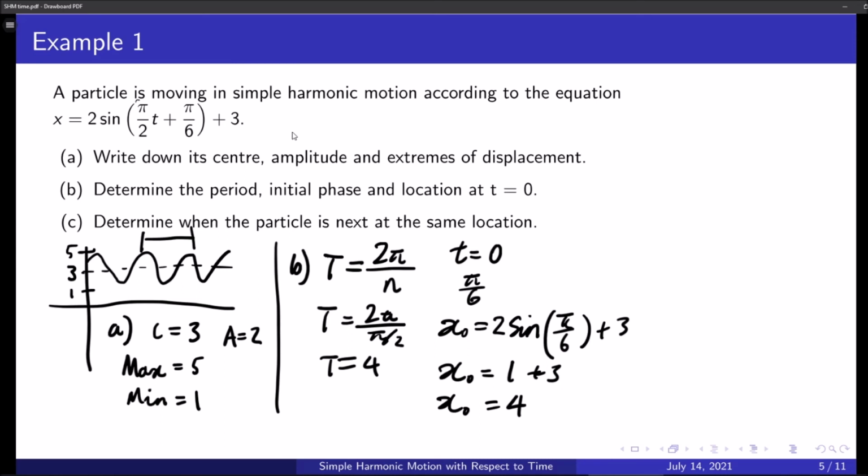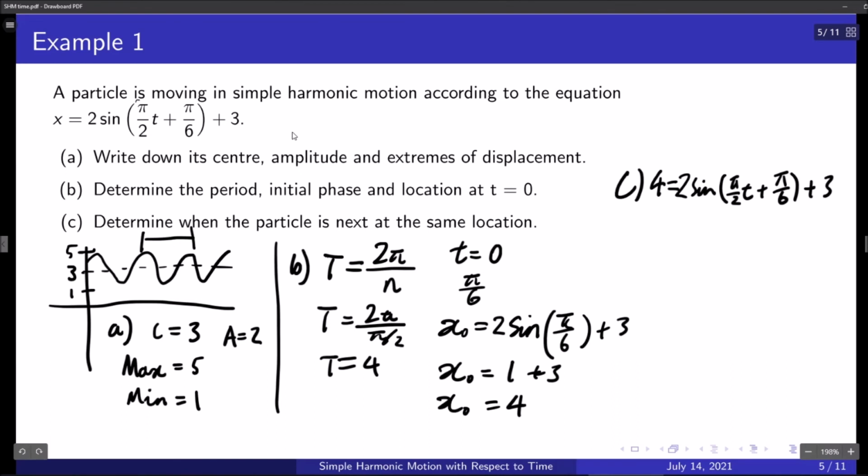And then next, we have to find out the next time the particle has a displacement of 4 again. So we have 4 equals 2 sine of pi over 2 t plus pi over 6, plus 3.